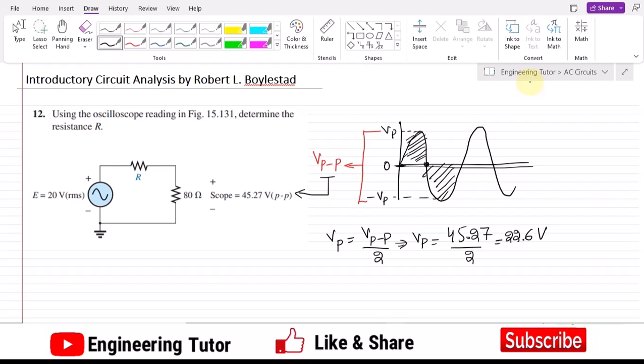After it, you know that this is the peak value here, so we have to find the RMS value from it, because all the calculation here will be done in the form of the RMS or the effective value.